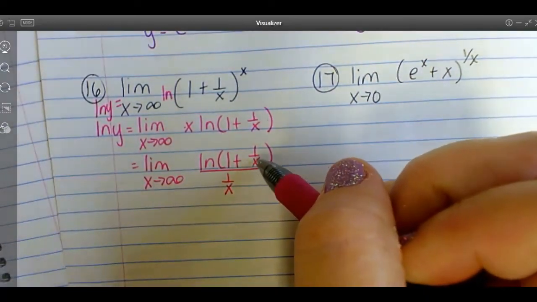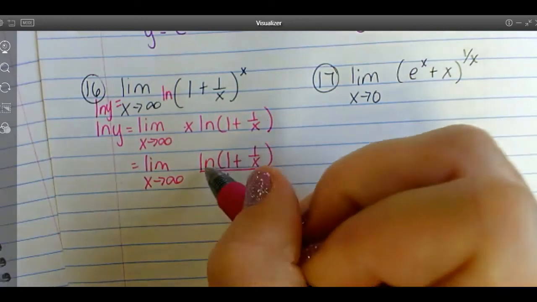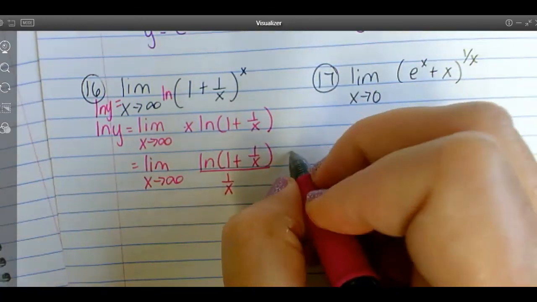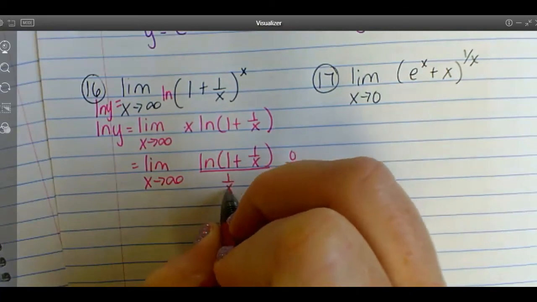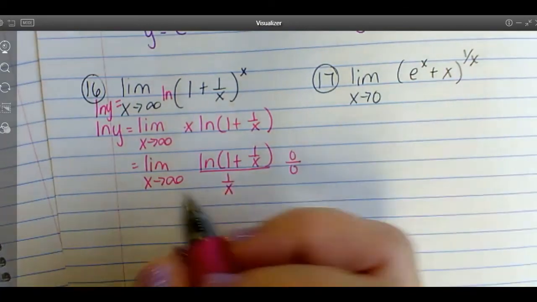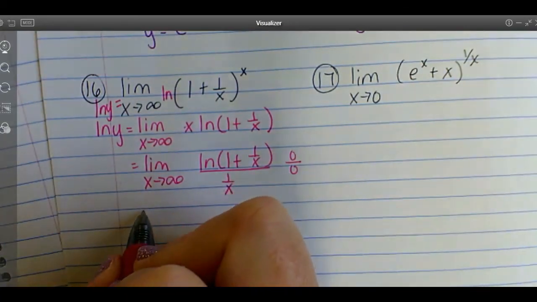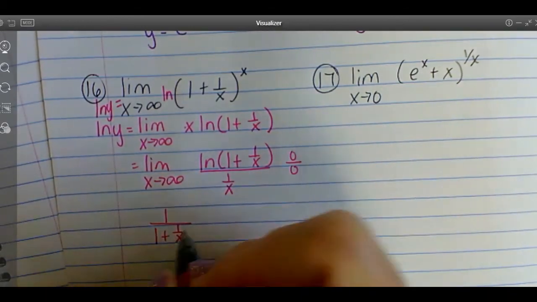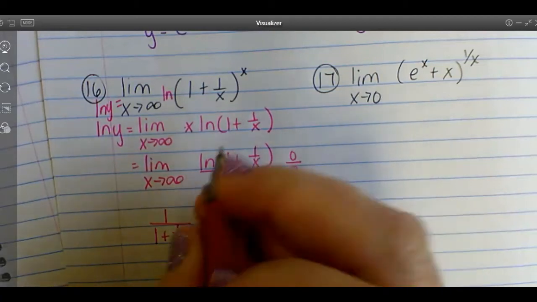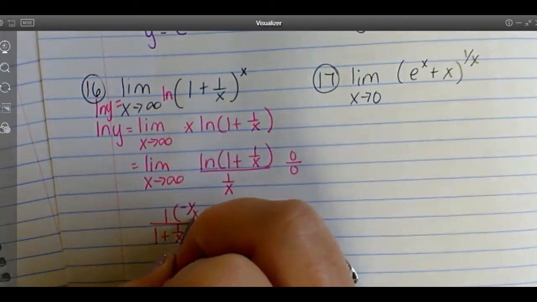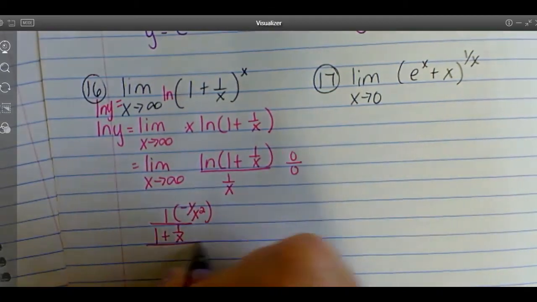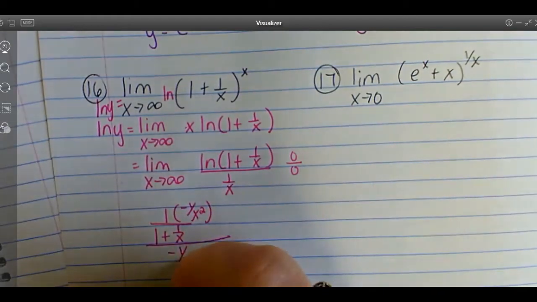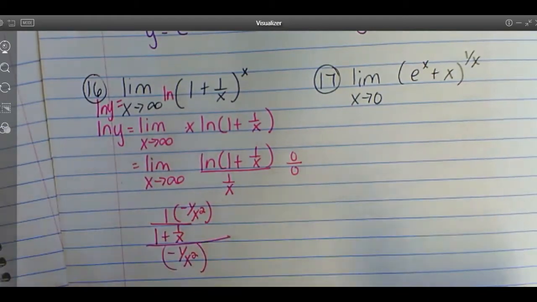Okay, plugging in infinity, that would be 0. ln of 1 is 0. 1 over infinity, that's 0, so 0 over 0. The derivative of natural log of something is 1 over the something, times the derivative of the inside, which would be negative 1 over x squared. The derivative of the bottom is also negative 1 over x squared.